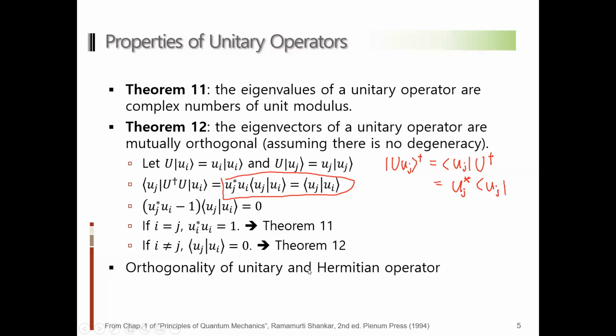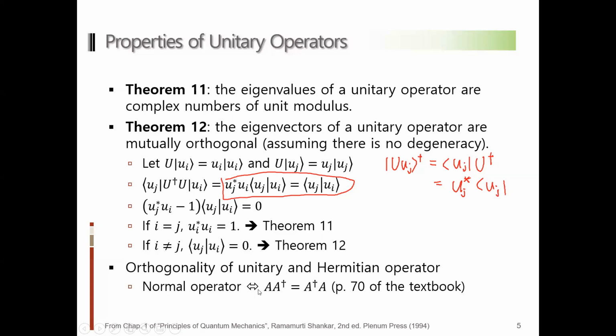Well, the answer is these two types of operator belong to another type of operator, which is called a normal operator. And the definition of the normal operator is like this. And you can verify that unitary and Hermitian operators satisfy this relation.